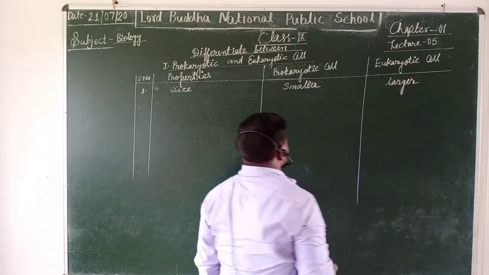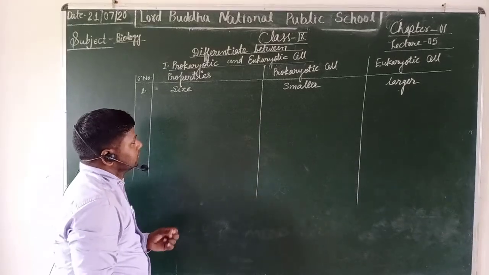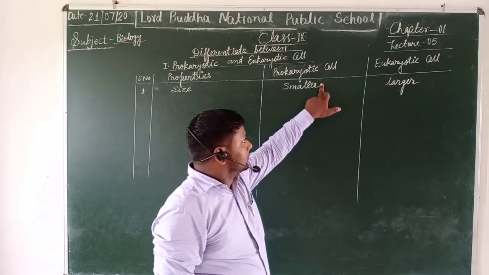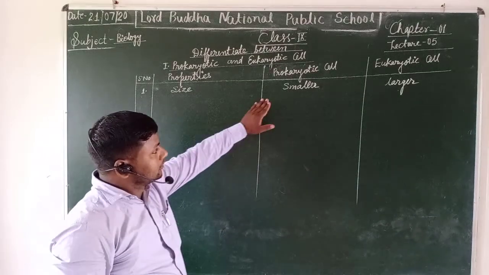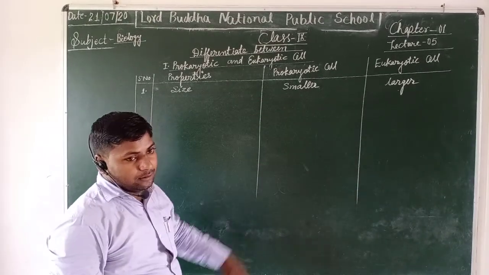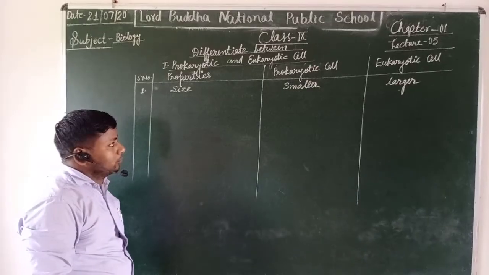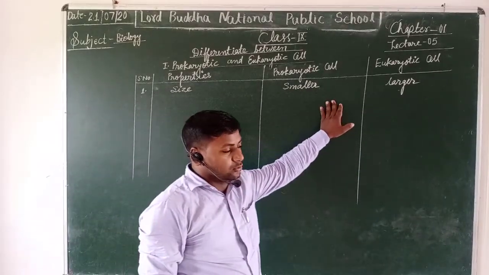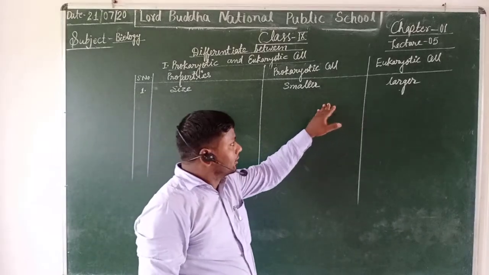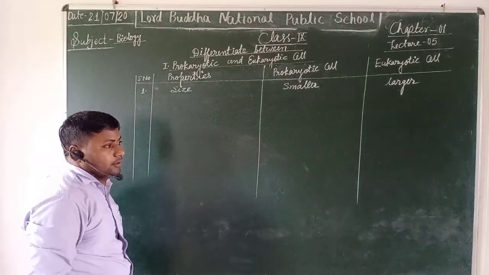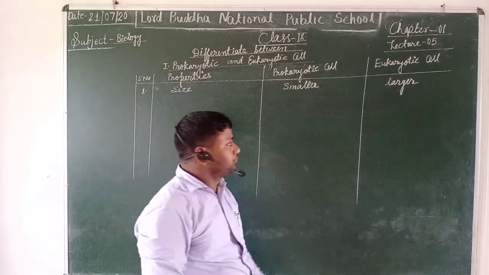You should also take an example. I will tell you that the smallest cell is PPLO, pneumonia like organism. It is also biologically known as Mycoplasma gallisepticum.